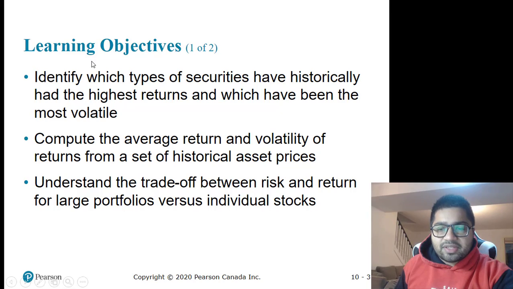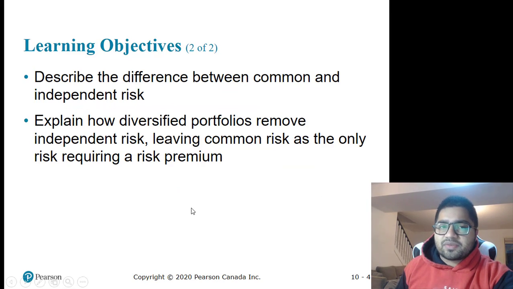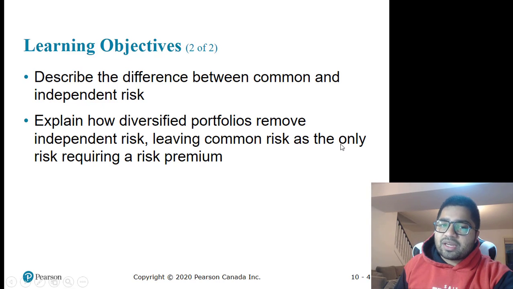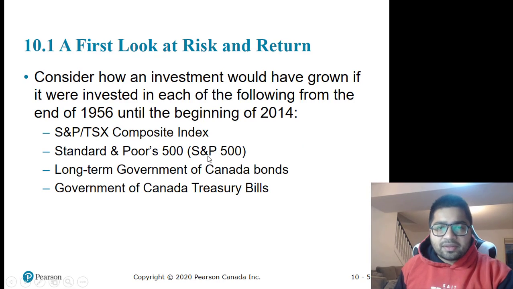The learning objectives we are going to cover: identify which type of securities have historically had the highest return and which have been most volatile; compute the average return and volatility of returns from a set of historical asset prices; understand the trade-off between risk and return for large portfolios versus individual stocks. Then we'll describe the difference between common and independent risk and explain how diversified portfolios remove independent risk, leaving common risk as the only risk requiring a premium.